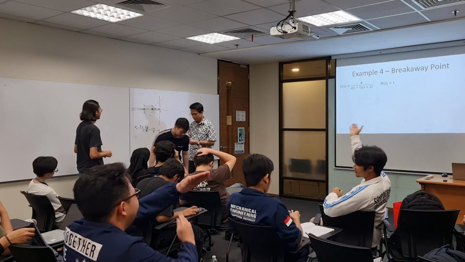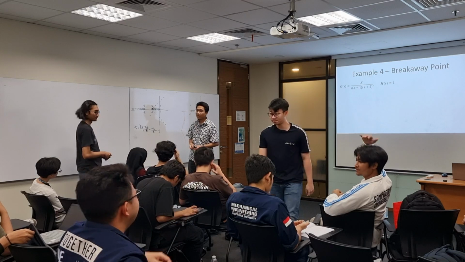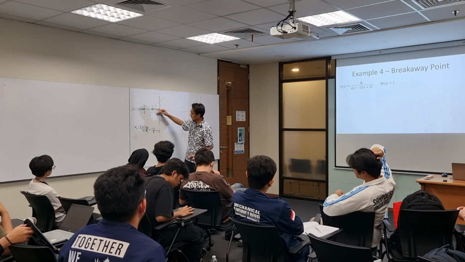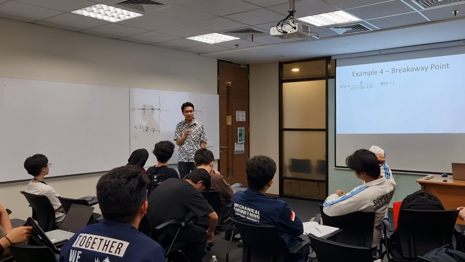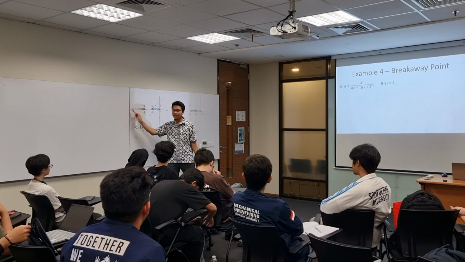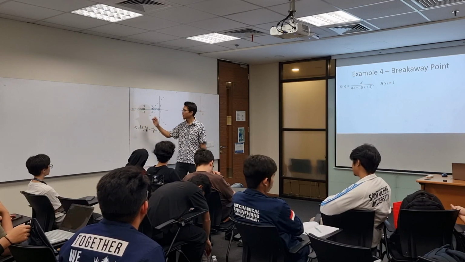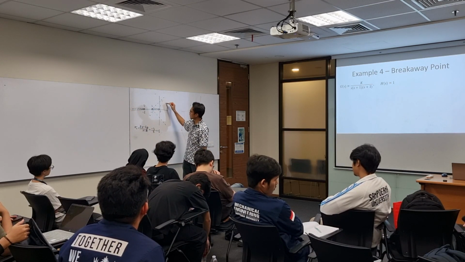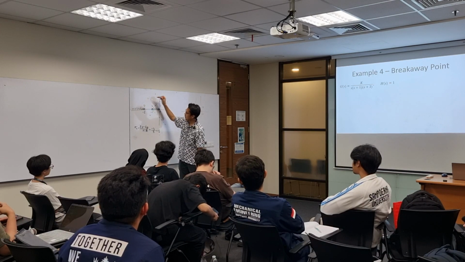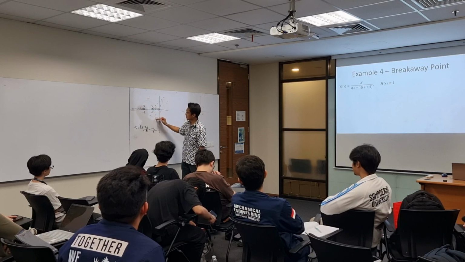Wait, let me explain first. We have 3 asymptotes, right? The first one is this one. This is the second one. What do you think the third one is? This one. Yeah, this is the third one. So this angle is 60 degrees, this one 180, and the third one 300.